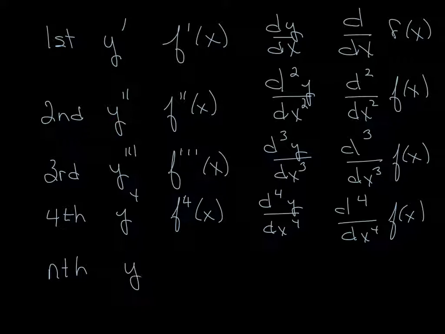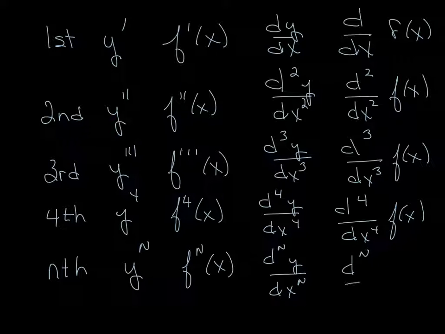Now we just use whatever that n is. d to the n y over dx to the n. These are most of the possible ways that you might see a higher order derivative requested.